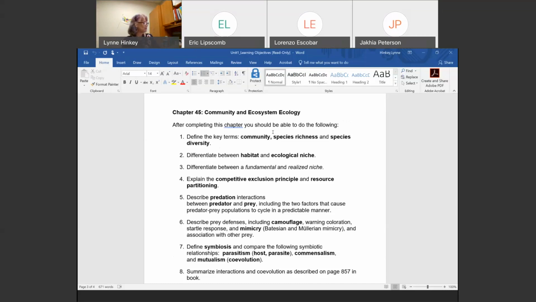I'll talk about this a little bit more later in the term. We tend to think of a species as all the organisms that can and do breed with each other, so they can successfully reproduce with each other. So typically same genus and species only. We don't always get that right, which is quite interesting.